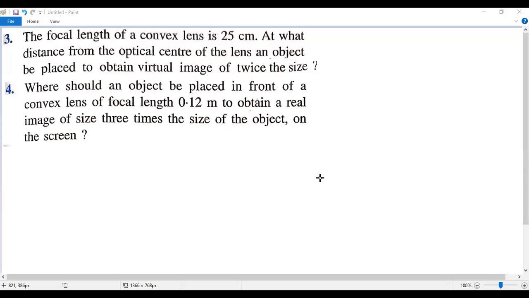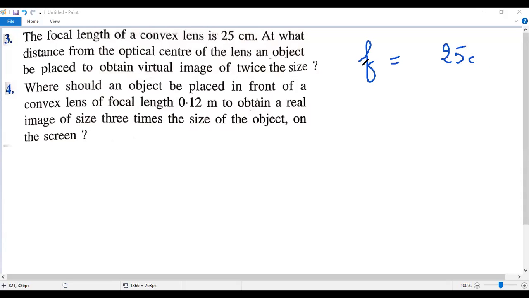Let us read numerical number third. Students, in third numerical, the focal length of a convex lens is 25 centimeter. So write down what we are given. Focal length of convex lens is 25 centimeter.